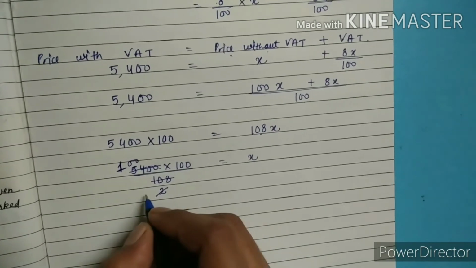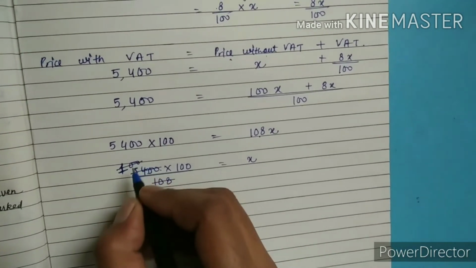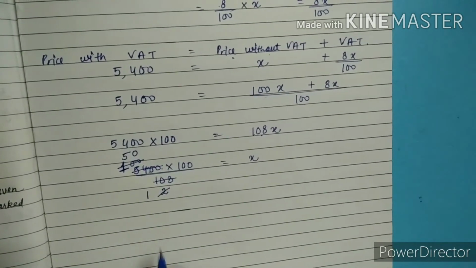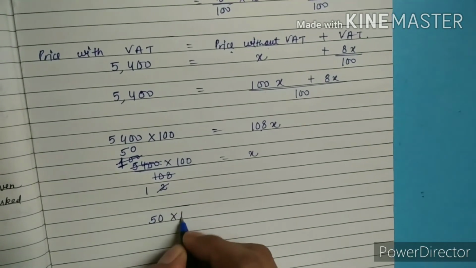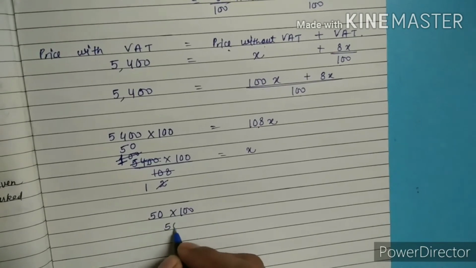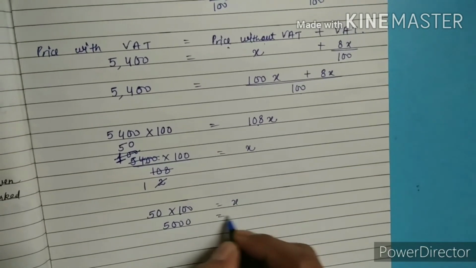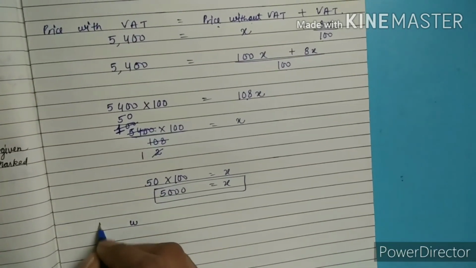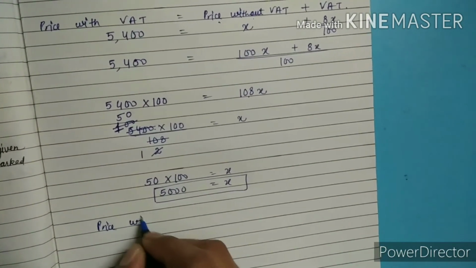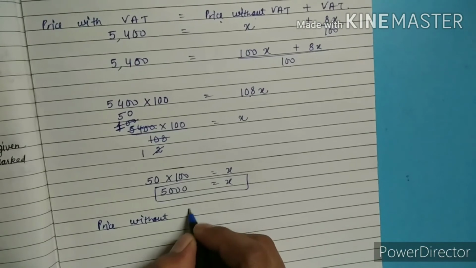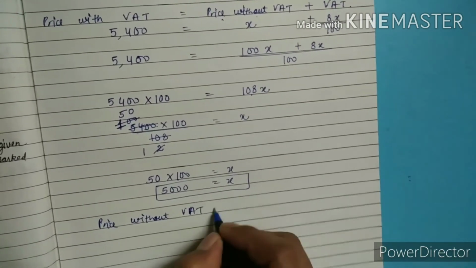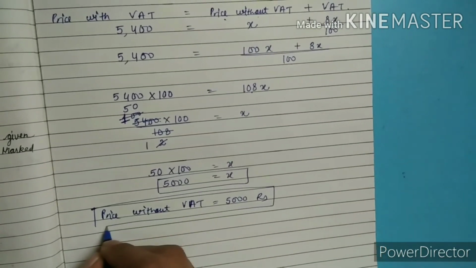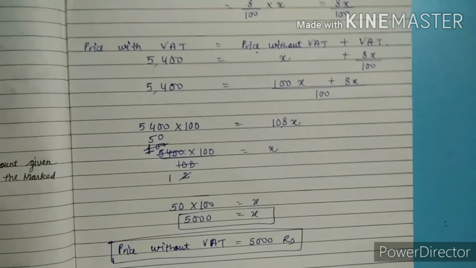So 2 ones are 2, and 100 divided by the table of 2 is 50 times, so 50 into 100 will give us 5000, the value of x. It means the price without VAT is 5000 rupees. So here we completed our exercise 8.2.